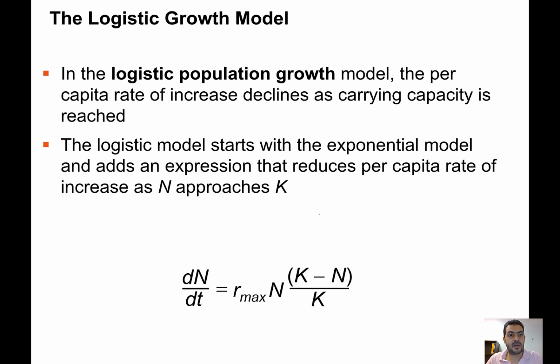Because of that, we have the logistic growth model. The logistic growth model takes into consideration the carrying capacity, and we find that the R max will decrease once the population size, which is N, reaches the carrying capacity.